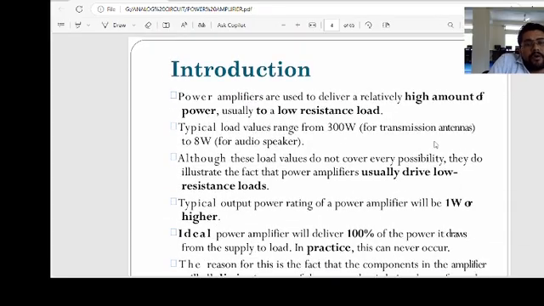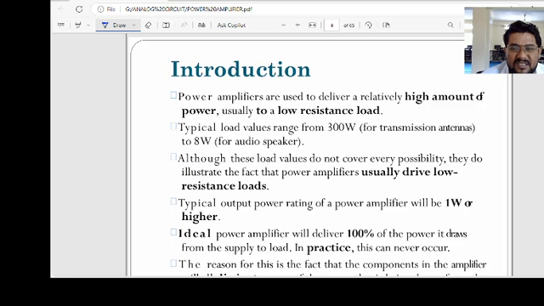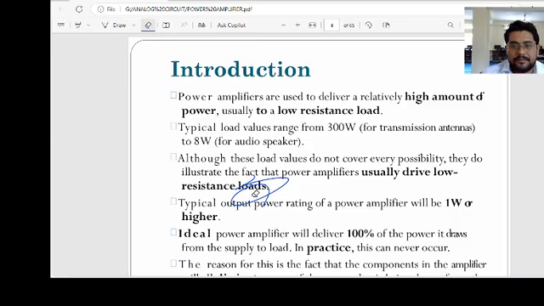Introduction: what is a power amplifier? Power amplifiers are used to deliver a relatively high amount of power, usually to a low resistance load. That means we deliver a maximum amount of power to a low resistance.